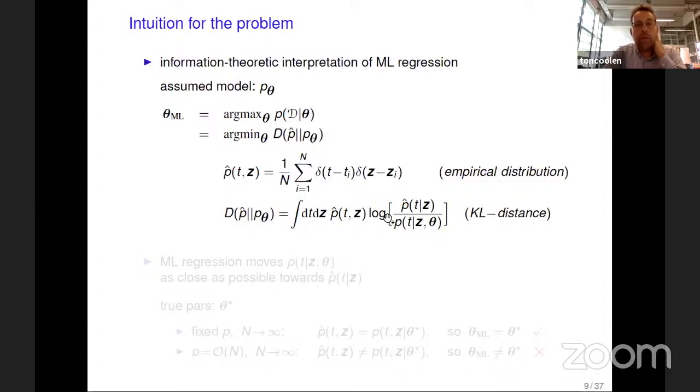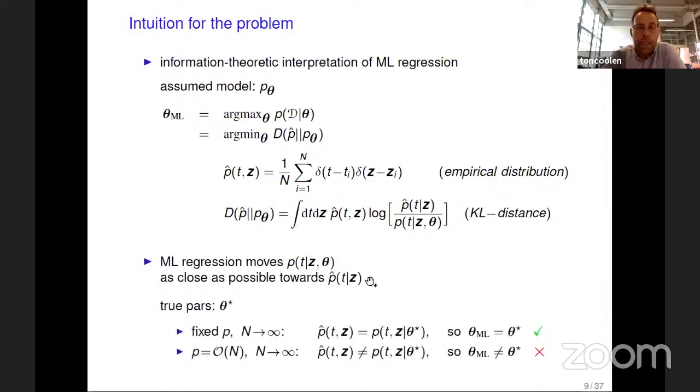And this Kullback-Leibler distance between the model with parameters theta and the empirical distribution is what maximum likelihood de facto minimizes. So intuitively, this is what it does. It tries to move the parameterized model as close as possible to the empirical distribution. And you can see that that makes sense in a certain context.